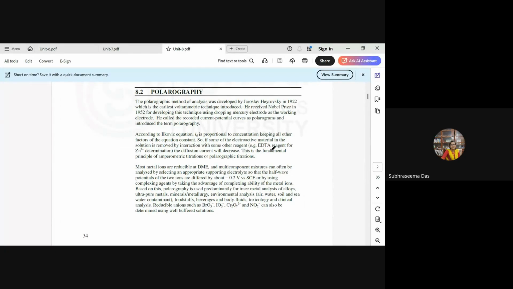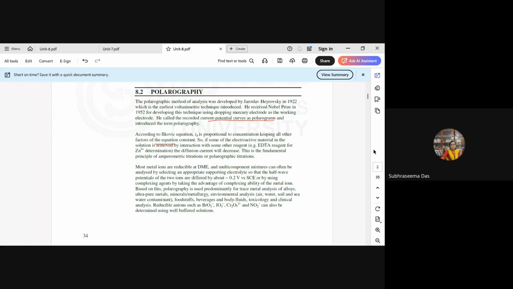The polarographic method of analysis was first developed in 1922. The current potential curves were called polarograms, and hence the term polarography was introduced. Now we know, according to the Ilkovic equation, diffusion current is directly proportional to concentration, keeping all other factors constant.